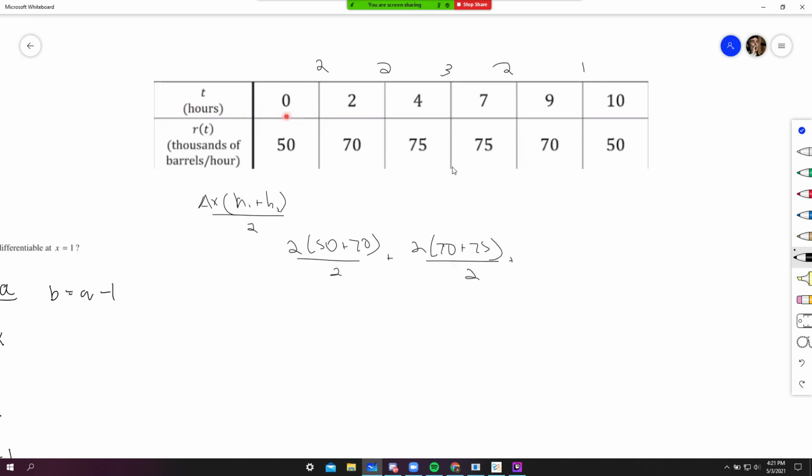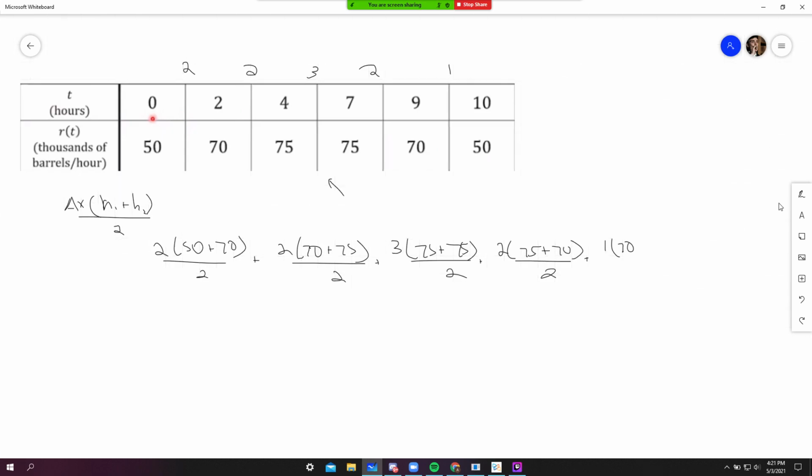For this one, 3 times 75 plus 75 divided by 2. Then 2 times 75 plus 70 divided by 2. And then 1 times 70 plus 50 divided by 2. And then you just add those up.